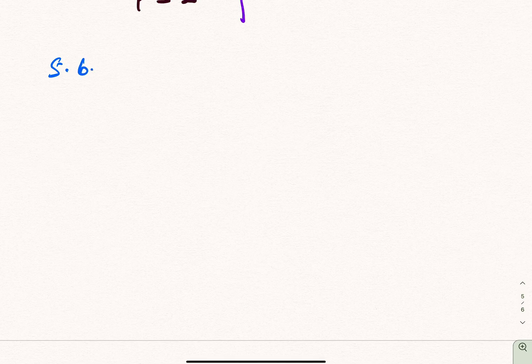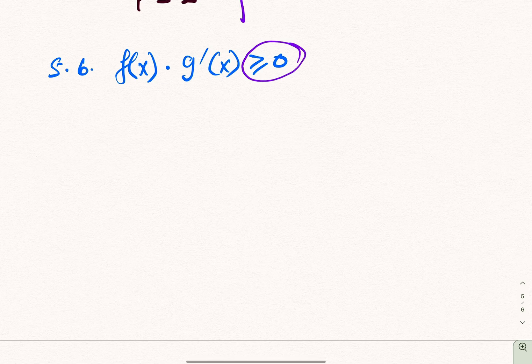That is 5.6. I wanted to be very careful. I'm looking for the values of x for which f at x multiplied by g prime at x is going to be bigger or equal to 0. So we are looking for the region where, when you multiply the two graphs, they give you a positive situation.